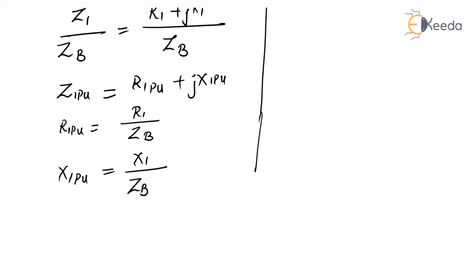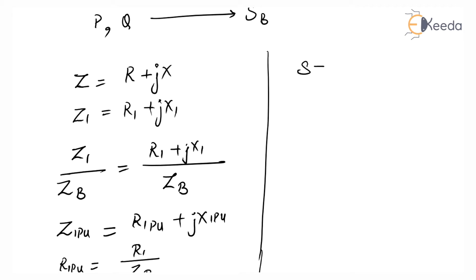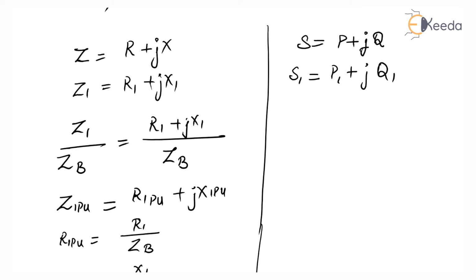Now this is for impedance. Similarly for apparent power, S is equal to P plus jQ, active power and reactive power. So S1 actual power is P1 plus jQ1. P1 and Q1 are the operating quantities, divided by the system base. So S1 is divided by S base.